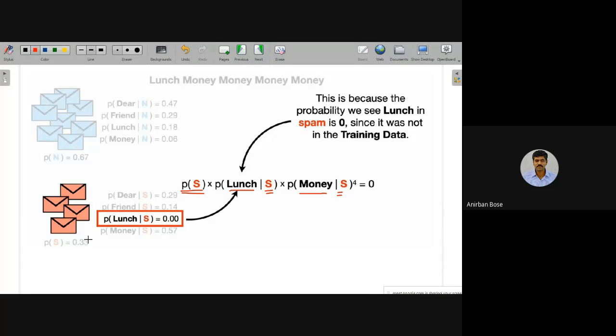So if this is the situation, then definitely this probability is 0. See, as you can see, this probability is 0, because this particular word is not in any one of the spam data in our data set on which we are doing the work. So whatever be this value or whatever be this value, ultimately it will become 0, because one of the terms is 0.